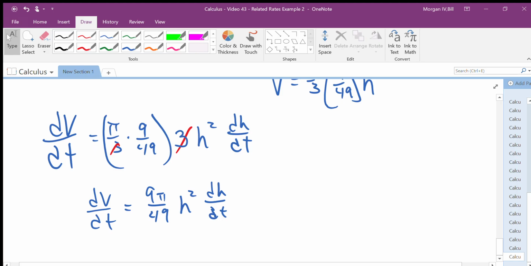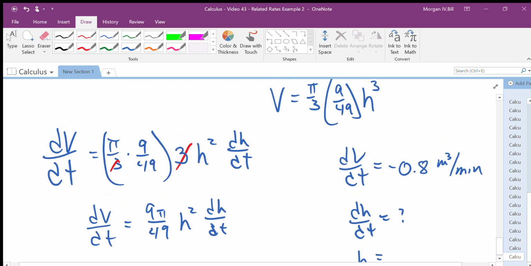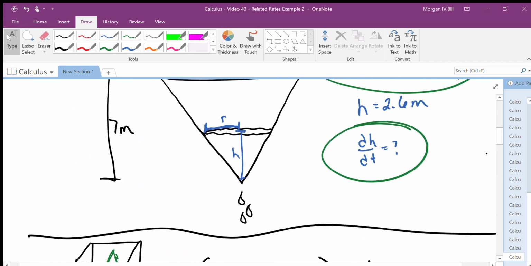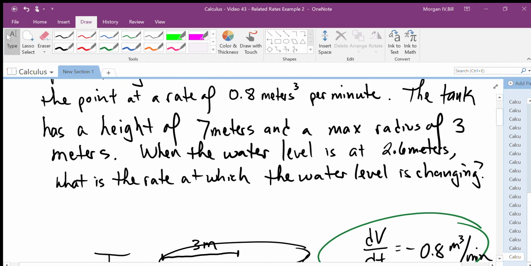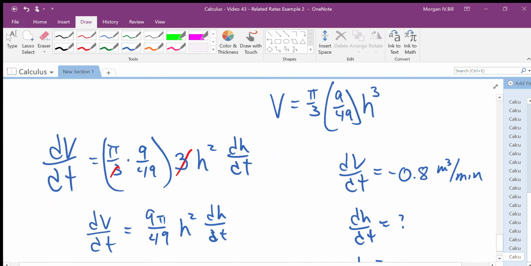Now I can plug in. Don't plug in until after the derivative, right? So dV/dt, that was the volume changing, was, I believe, negative 0.8 cubic meters per minute. And dh/dt, I'm looking to find out the rate of change in the height, so question mark. Let me go back and check what I said up here: when the water level is at 2.6 meters, that's my height, 2.6 meters.